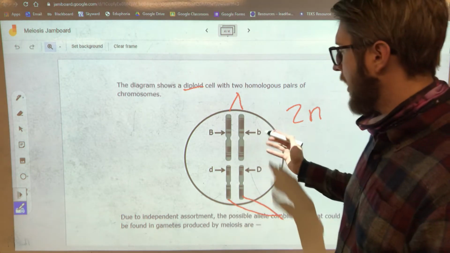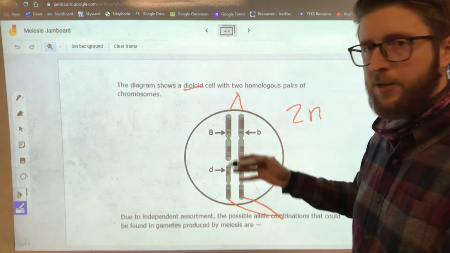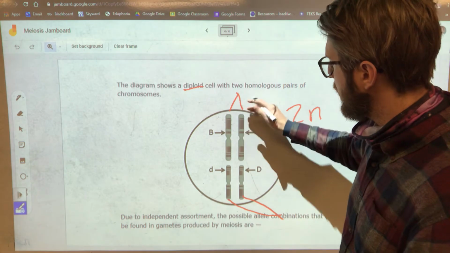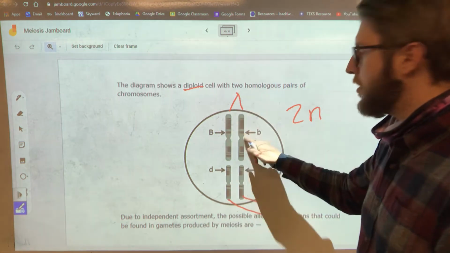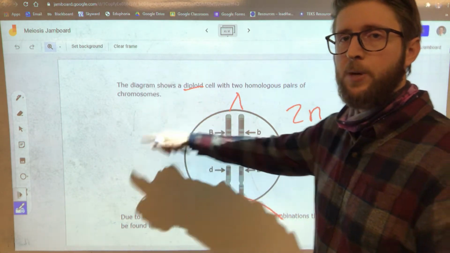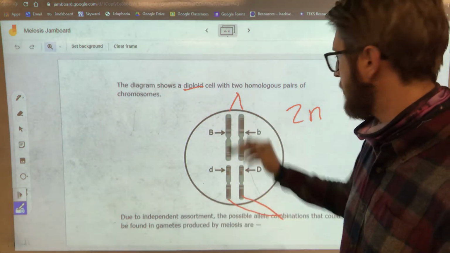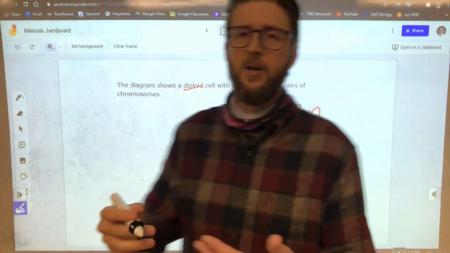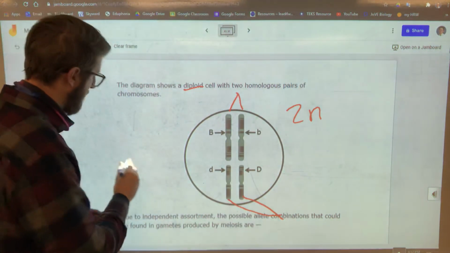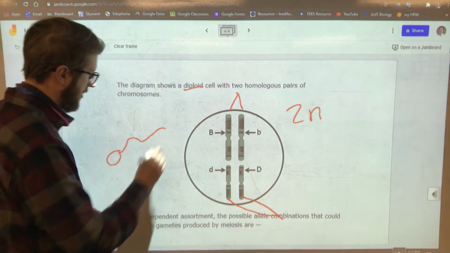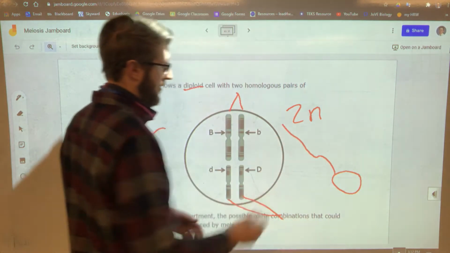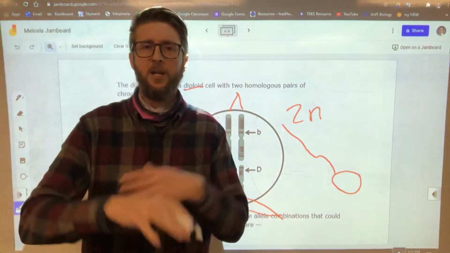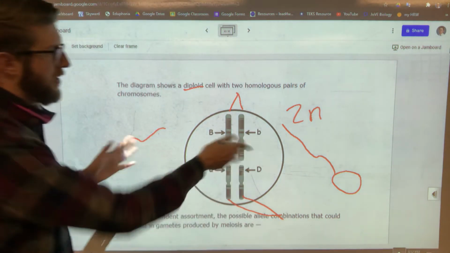Well, remember, in meiosis, these homologous pairs, one of these two is going to go into the sperm cell or the egg cell. Okay, so let's just say that these are the male sex cells and we are making sperm. So we're going to make one sperm over here, and we're going to make another sperm over here. Okay, and there's millions of sperm that get made, but let's just look at these two.